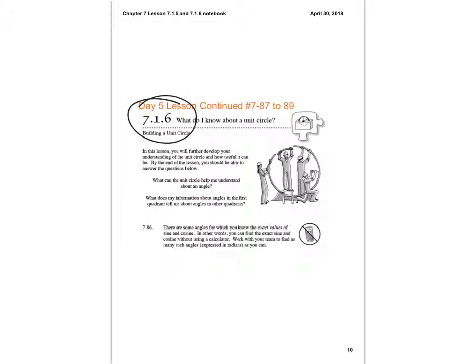The objective of this lesson is to develop the unit circle, but in radians. We're going to skip quite a bit of the assigned problems in this lesson, and we're going to go straight to developing the unit circle.